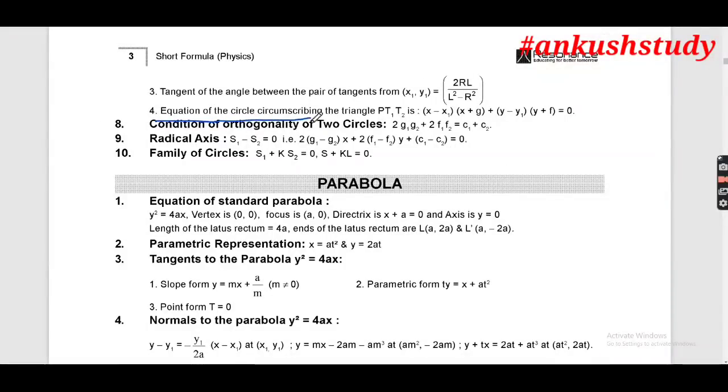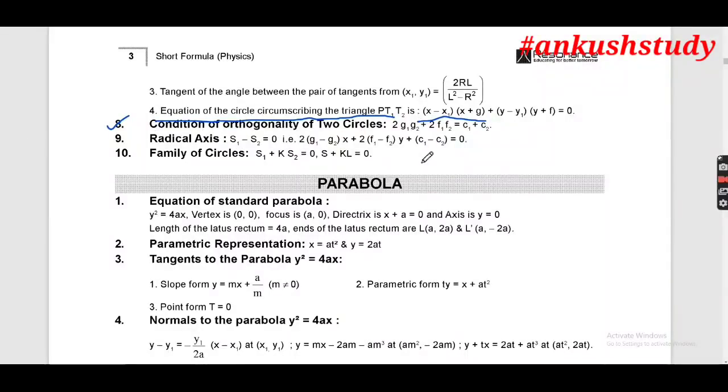Equation of the circle circumscribing the triangle PT1T2 is (x − x1)(x + g) + (y − y1)(y + f) = 0. And the eighth one, condition of orthogonality of two circles. Okay, so this one also is important.